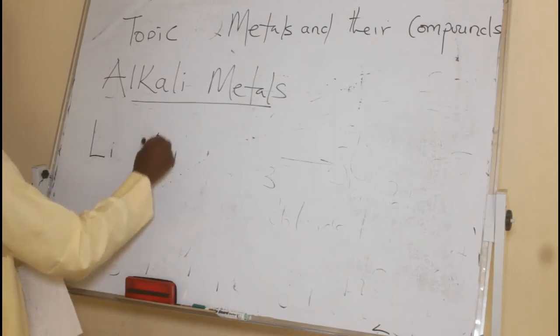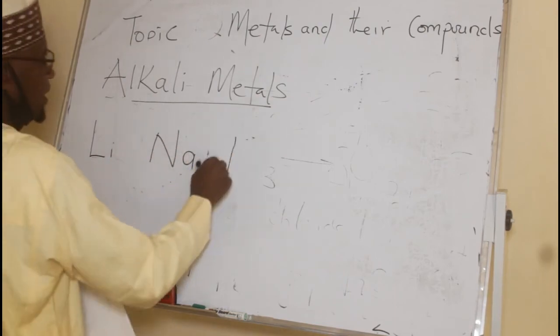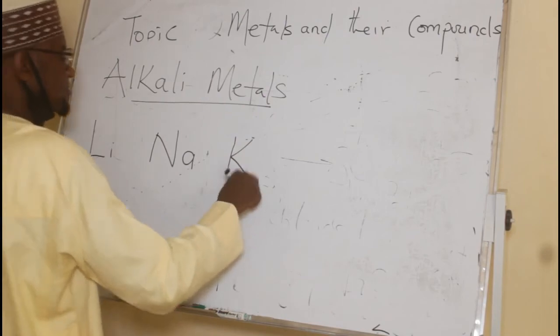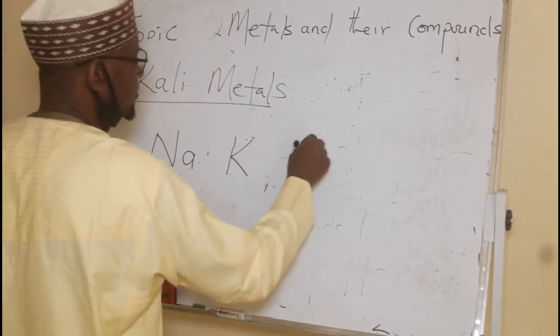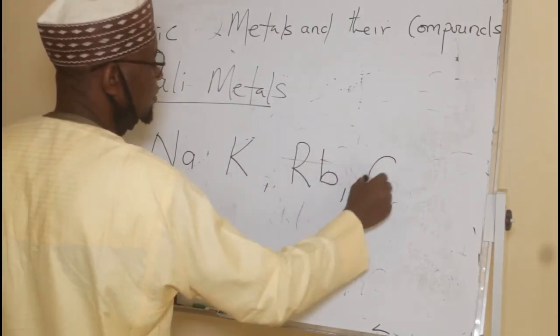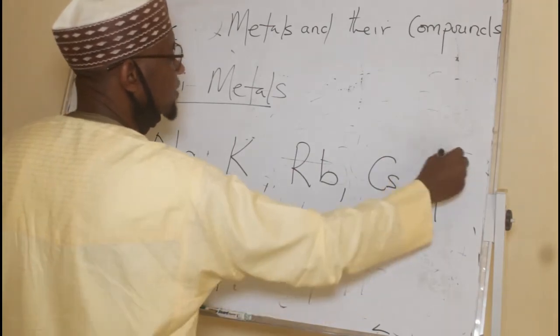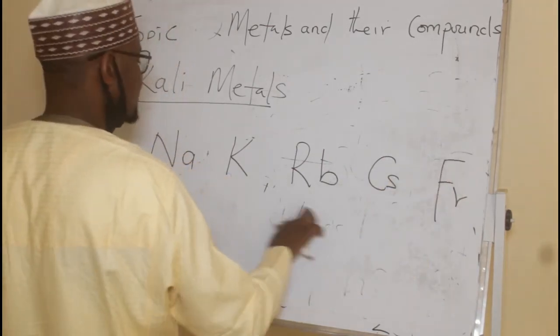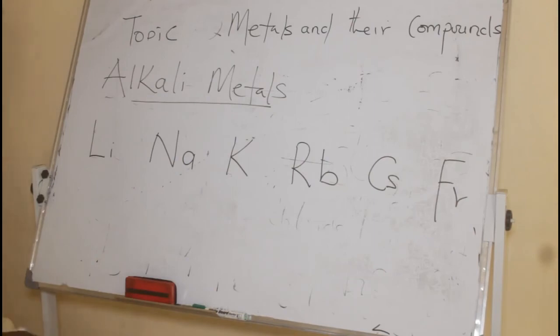Then we have sodium. Then we have potassium. Then we have rubidium. Then we have cesium. And then we have francium. These are the group 1 metals or alkali metals, group 1A metals.